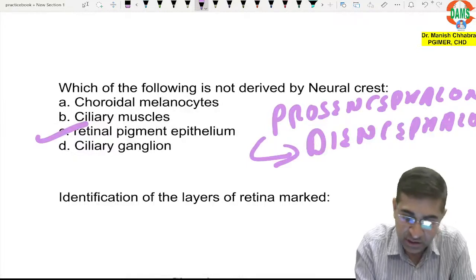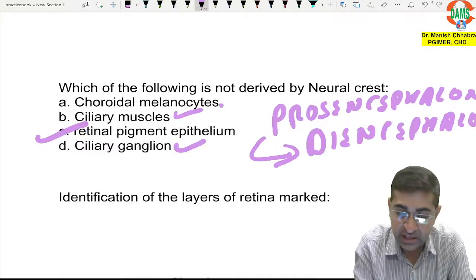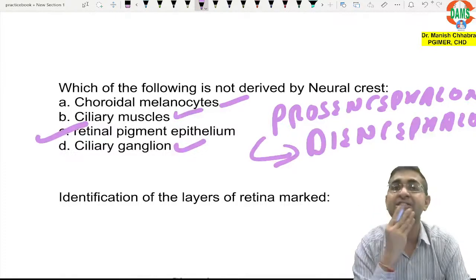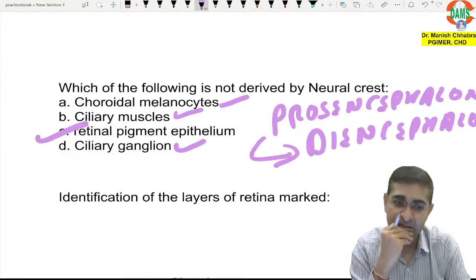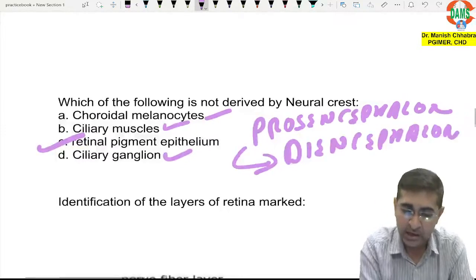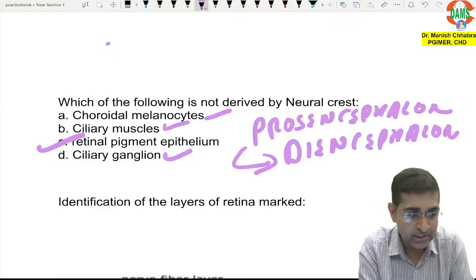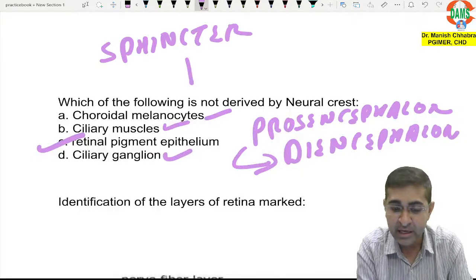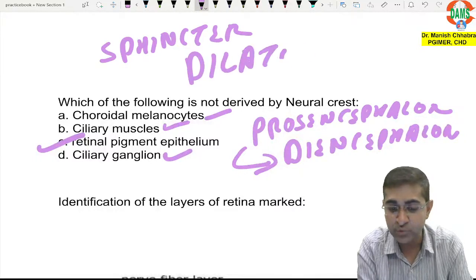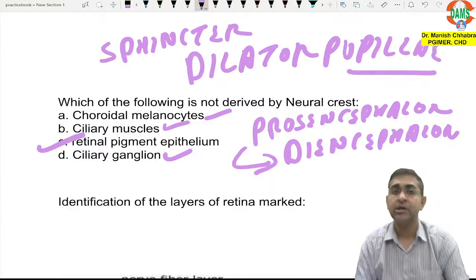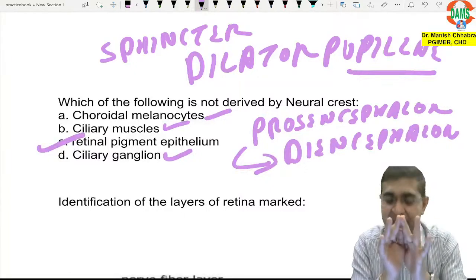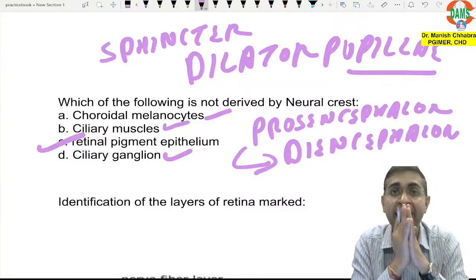While these structures, ciliary muscle, ciliary ganglion and choroidal melanocytes, are derived from neural crest cells. Okay. Can you answer me one more thing? There are two muscles, the sphincter pupillae and dilator pupillae.